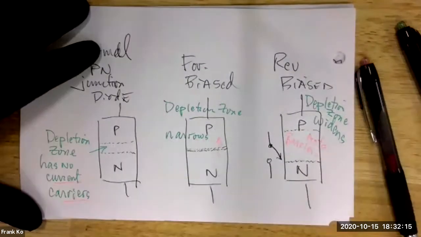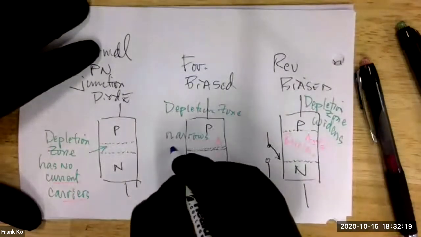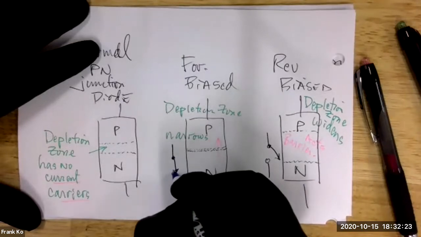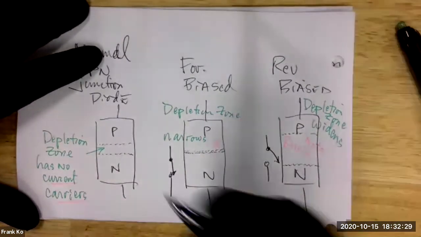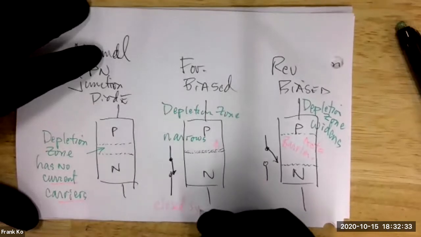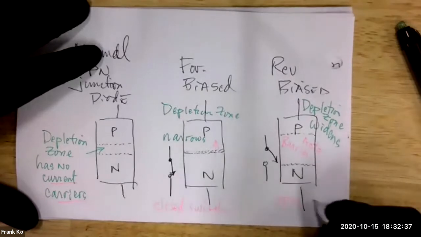No electrons are going to go through this. In the forward bias, it will behave as if it were a closed switch. So here you have a closed switch, and here you have your open switch.